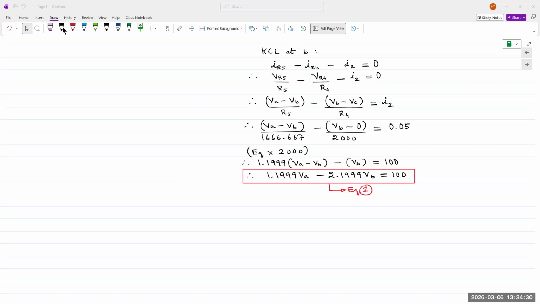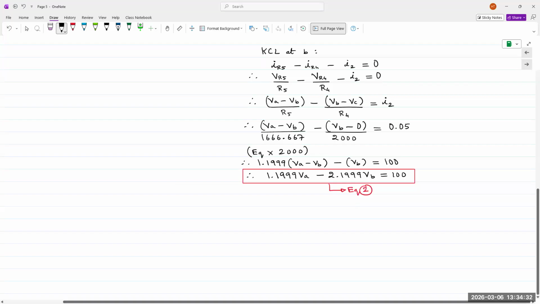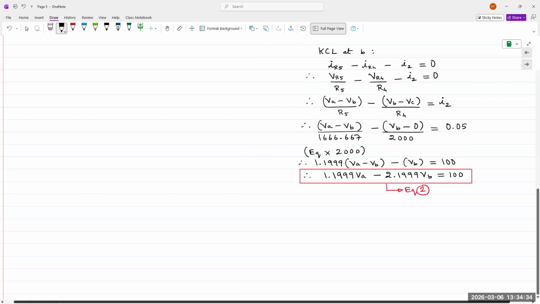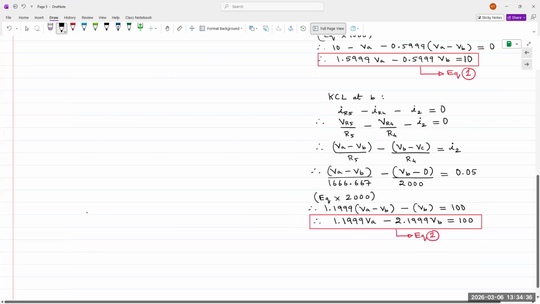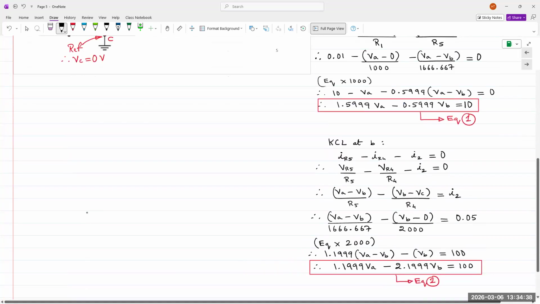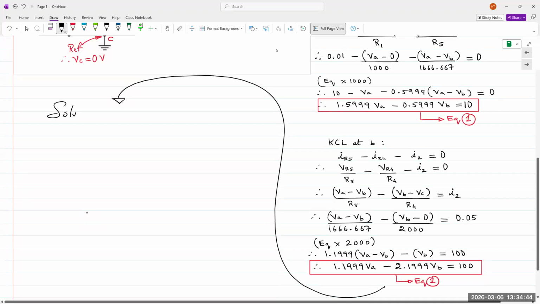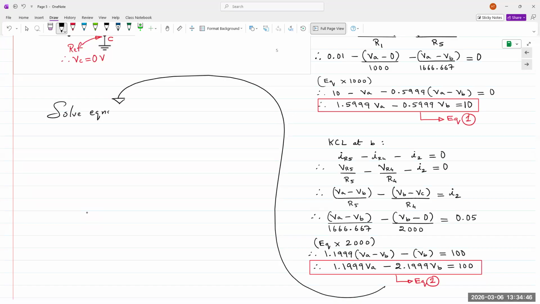So let's note it down and let's go upstairs where we have more space on the left. So the equations 1 and 2 with any method.